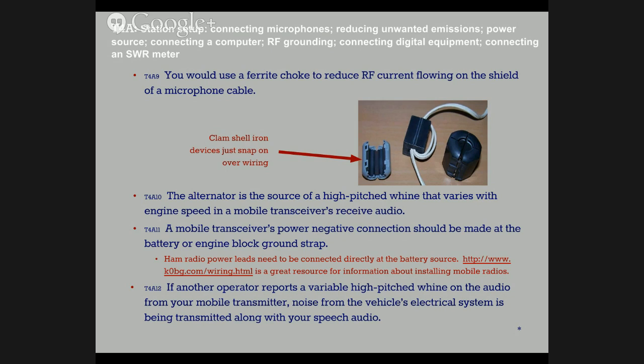There's all sorts of sources of electrical noise that might crop up. For example, I have an issue with rolling the windows up and down because the motor is not brushless. So when it makes contact, that introduces a lot of RF hash, a lot of RF noise, into both transmit and receive.